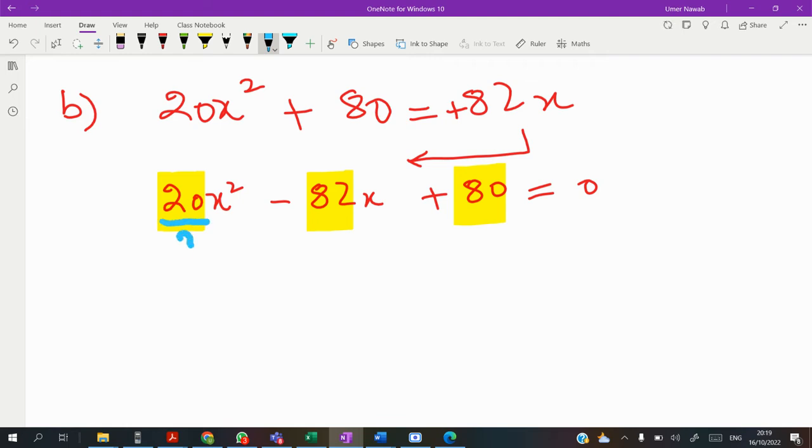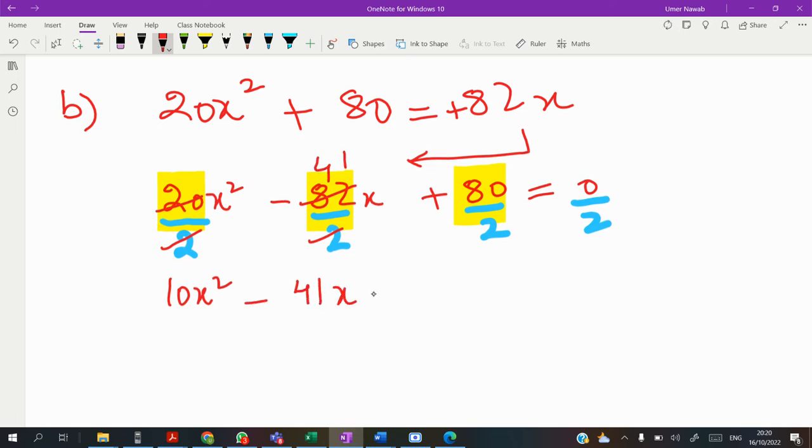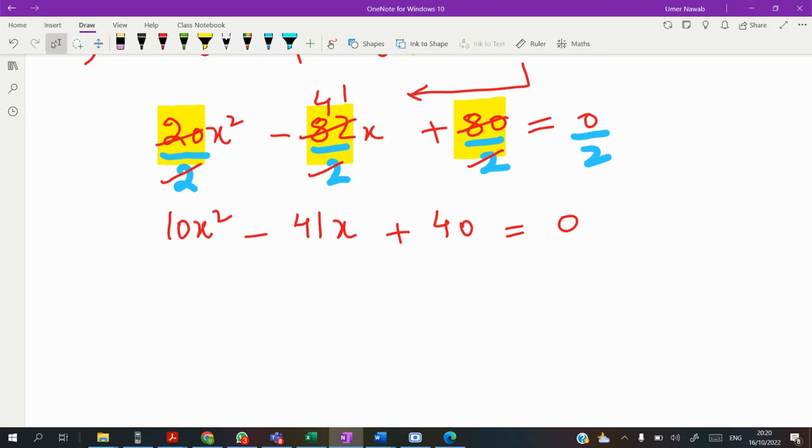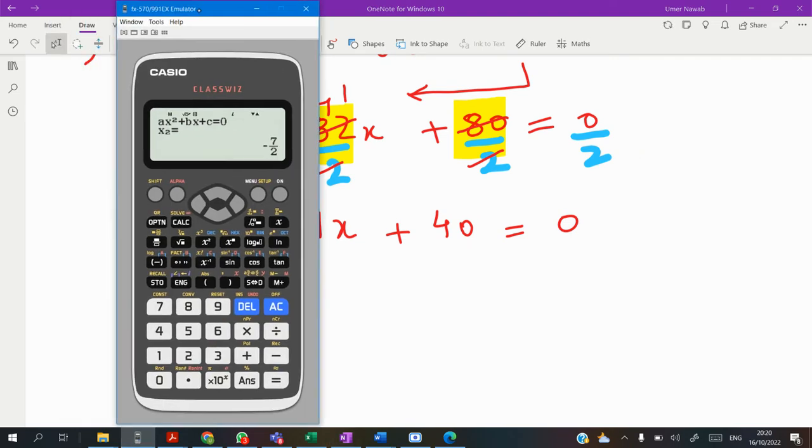So if every number is divided by 2, although it's not needed, if you do this process, it will make your equation much more simplified. So you get 10x squared, now 2 cancels, so you get 41, and this is cancelled, you get 40, and 0 divided by 2 is 0. Now I am ready to use my calculator.